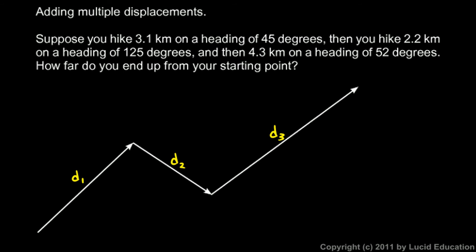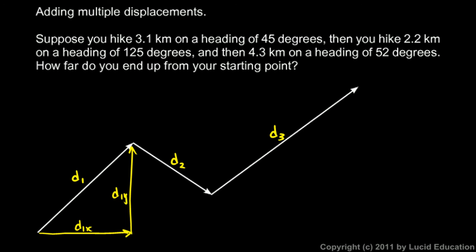For the first one, I'm going to draw the x component going to the right and the y component going up. And let's label those. Let me try to draw that a little better. Okay, so this is d1x right here, and this is d1y.